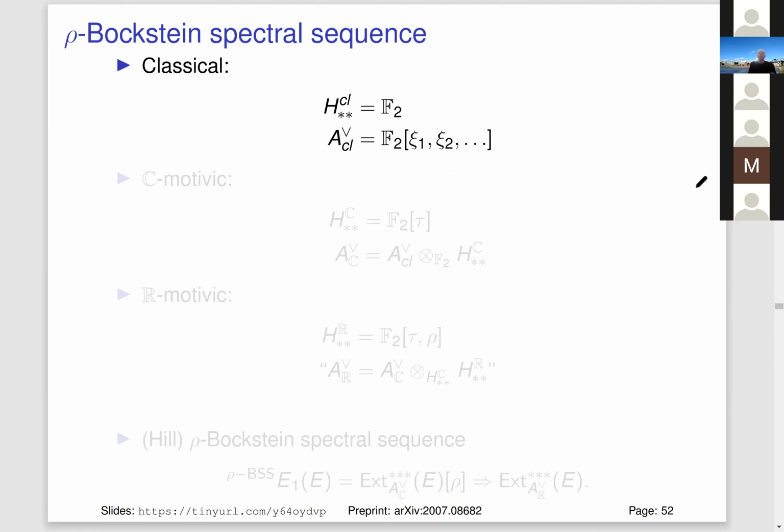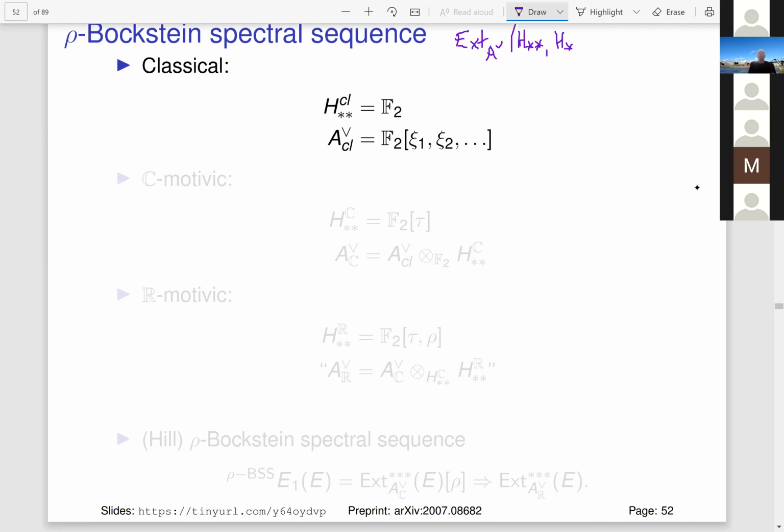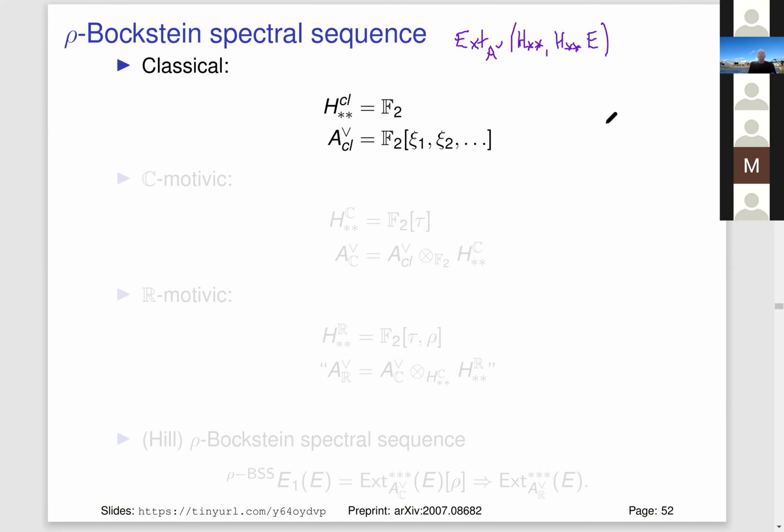Okay, so our goal here is to calculate Ext over the dual motivic Steenrod algebra from the homology of a point into the homology of our spectrum. So what I want to remind you of is what is the homology of a point, classically and motivically, and what is this dual motivic Steenrod algebra, or at least how might we think about it?